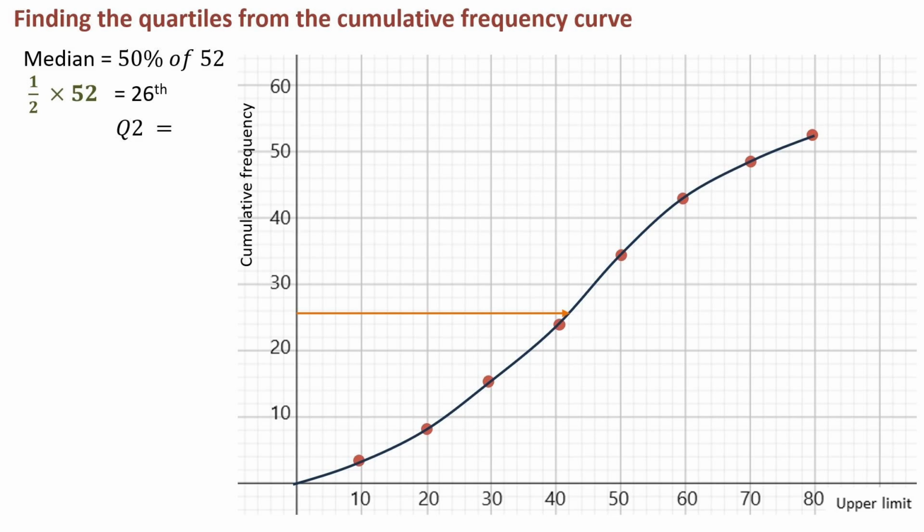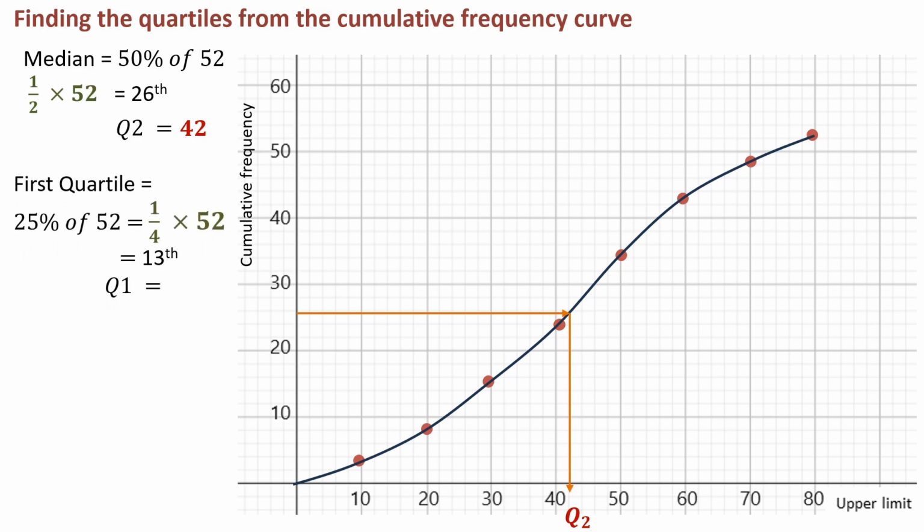If I elaborate further, because we have 52 students in this distribution, 50% is the 26th person. That student scored 42 marks for the math test. So that is our median. Now we are going to find the first quartile. The first quartile is 25% of 52, or 1/4 of 52.